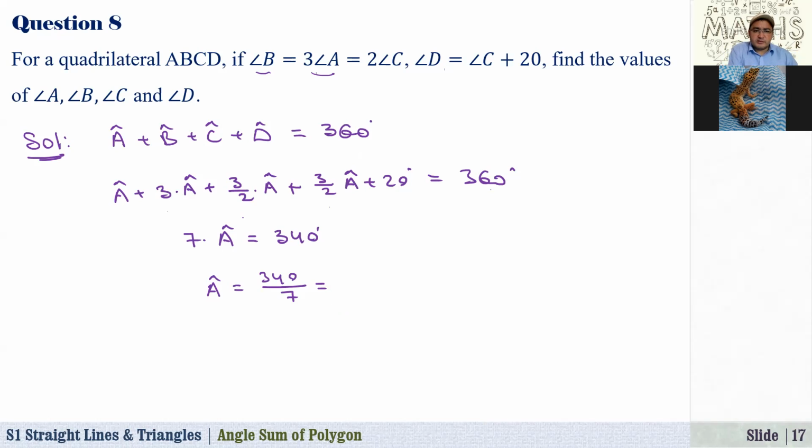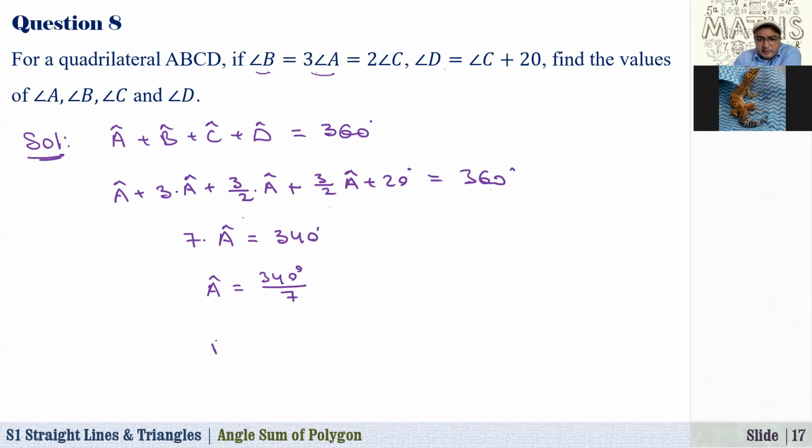It is 340 over 7, that's it, nothing to do. It is about 48 and 4 over 7 degrees. Let me just leave it like this.